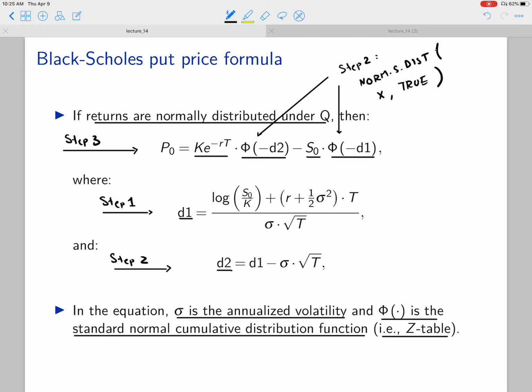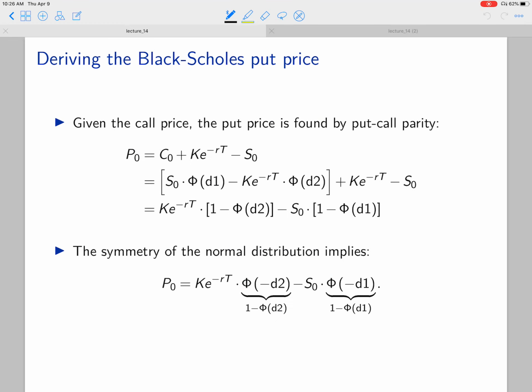One thing to notice that's interesting is that the formula for the Black-Scholes put option price is very, very similar to the Black-Scholes call option price formula. If you recall, the call option price formula in the Black-Scholes model says C0 is equal to S0 times phi of D1 minus K e to the negative R times T, phi of D2.